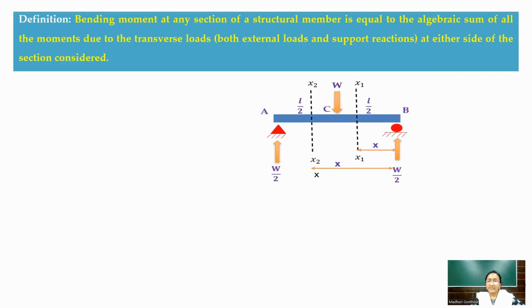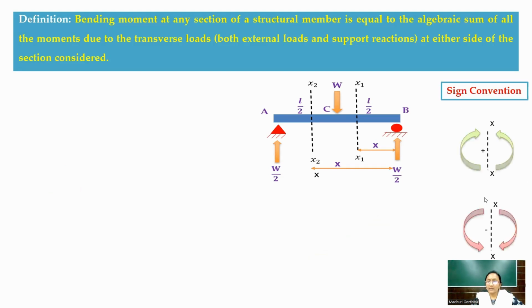Next example, if you consider a simply supported beam, the load is dividing it into two sections. The sign convention is the same, sagging as well as hogging moments. Now, bending moment at these sections: first section X1, if you consider, at the B support you are having an upward reaction, and the moment is also heading upward towards this X1 section, which is also in anti-clockwise direction at this section.